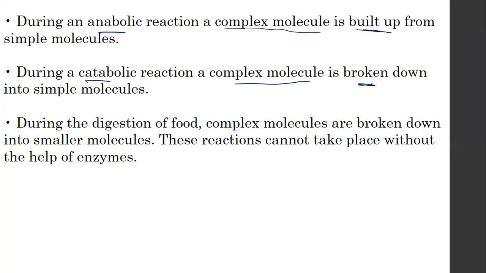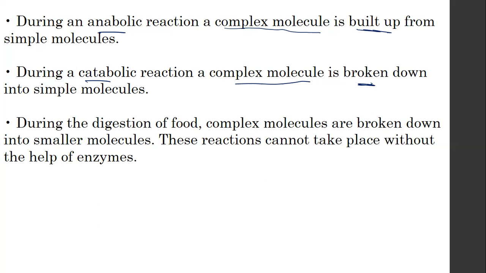During the digestion of food, complex molecules are broken down into smaller molecules. Therefore, these reactions cannot take place without the help of enzymes. Like I said, enzymes speed up chemical reactions. So when we digest food, we take the bigger, complex molecules and break them down into smaller molecules.